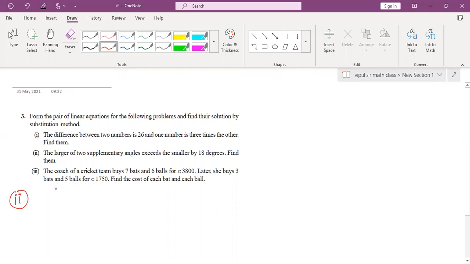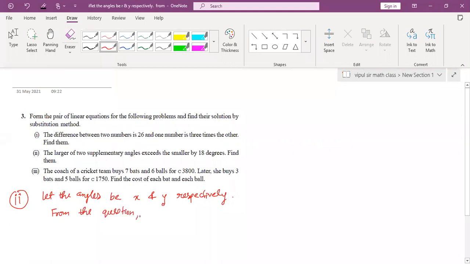So let the two angles be x and y. We can suppose the two angles, let the angles be x and y respectively, or you can write x degree and y degree. So it is given from the question that, assume x is the bigger one, x is greater than y. So how much more is x than the smaller one? 18. x is y plus 18.